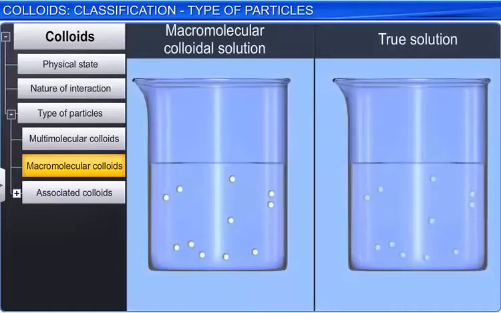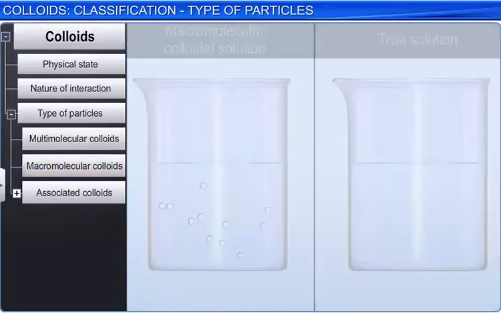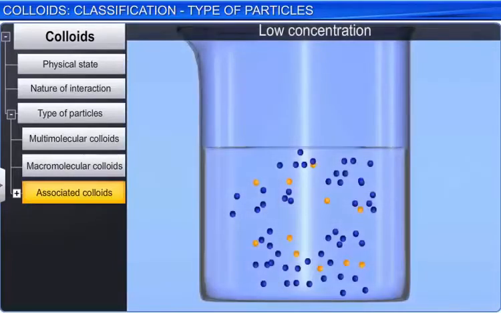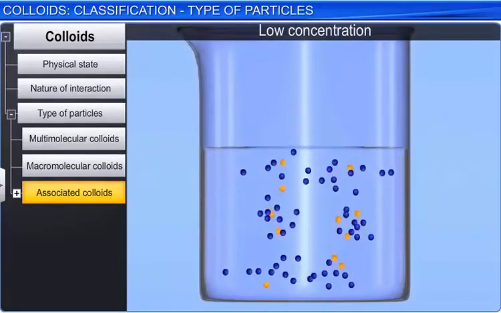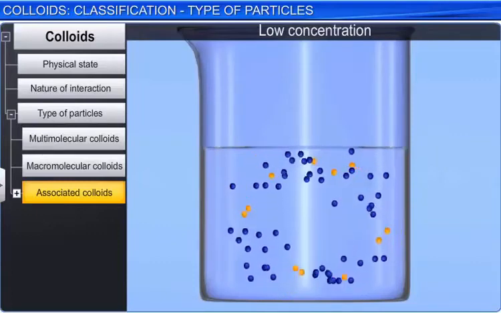Now, we will discuss the last category of colloids, namely, associated colloids. There are some substances that behave as normal strong electrolytes at low concentration, but behave as colloidal solutions at a higher concentration.